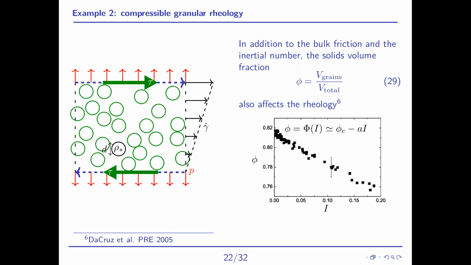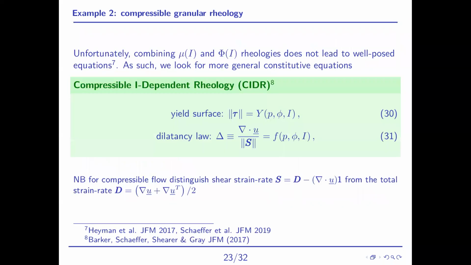In this paper that actually came out around the same time as the mu of I guys, there was other people looking at phi of I. And so the idea from us a little bit, but definitely from the community, was to just plug these things together, create a combined mu of I and phi of I rheology, so that mu is always a slave to I, as is phi. But some other guys beat us to it kind of, and we did our own version, but that also turned out to be an ill-posed model.